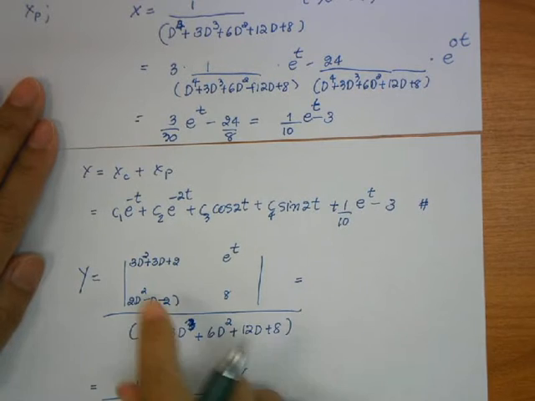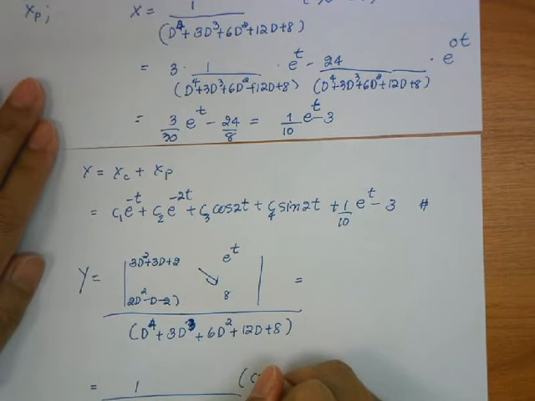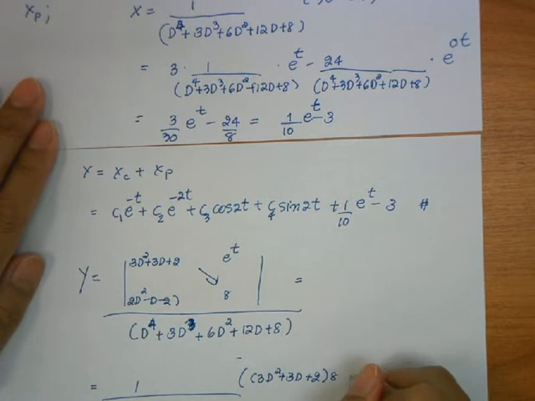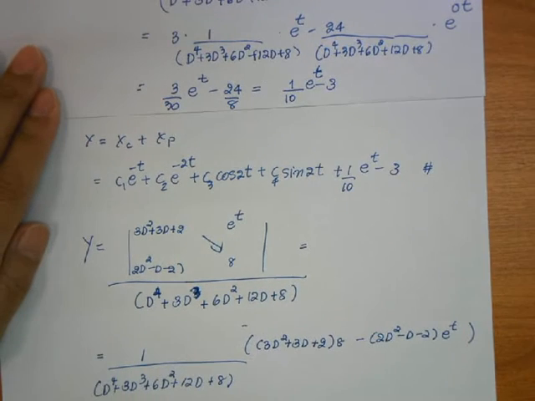Then for the determinant on top, we would get minus times exponential of t. Okay?